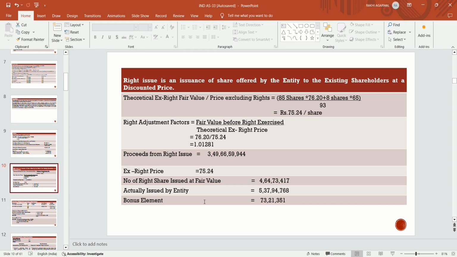So the bonus element is the differential number of shares: 5 crore 37 lakh 94,768 minus the right shares issued at fair value, 4 crores 64 lakh 73,417. The differential becomes the bonus element, that is 73 lakhs 21,351. That is the bonus element on the shares issued by the entity along with the right shares.